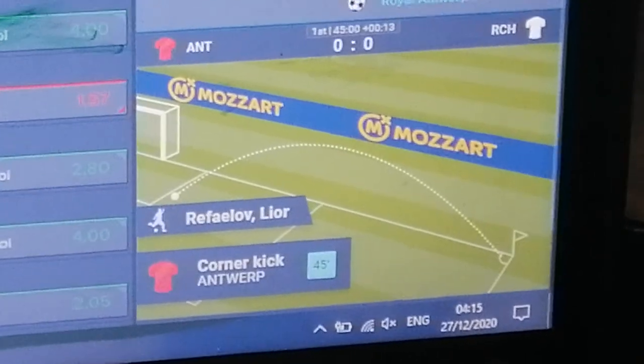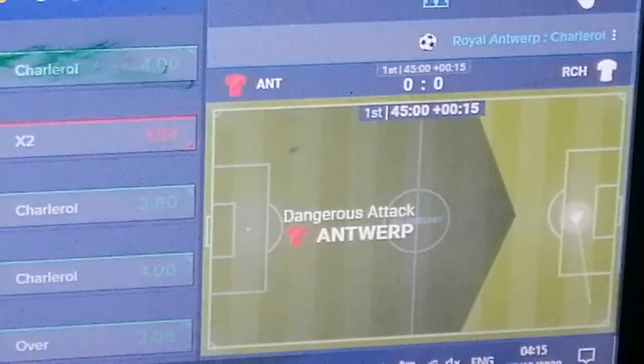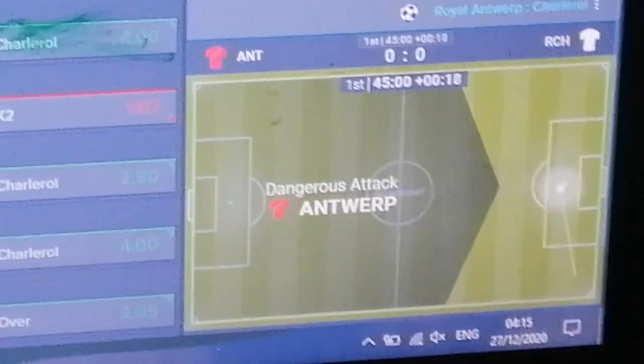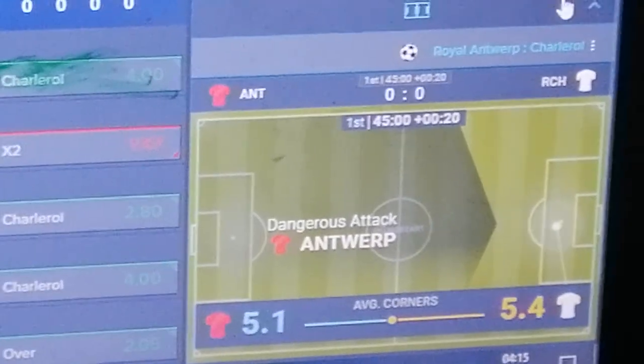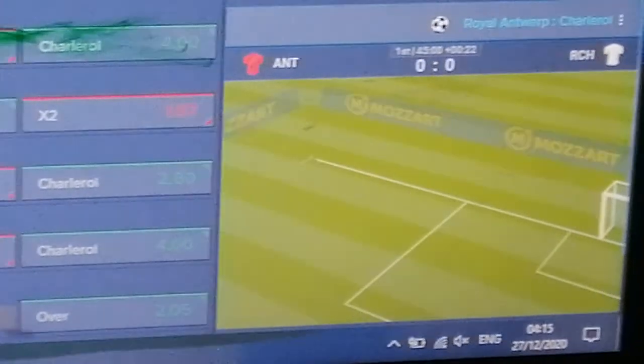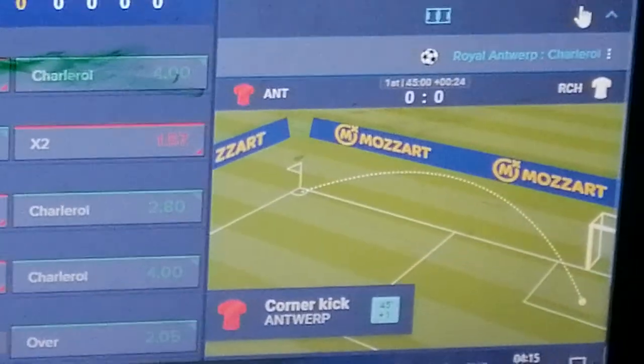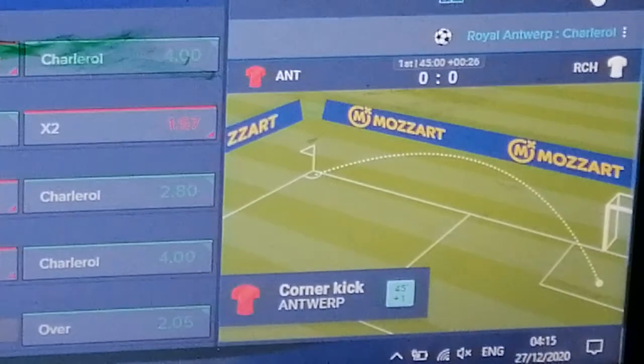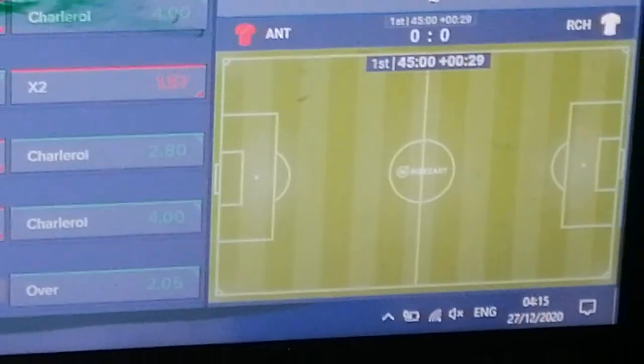That's a corner kick. Another corner kick. Antwerp. That's a Belgium team.